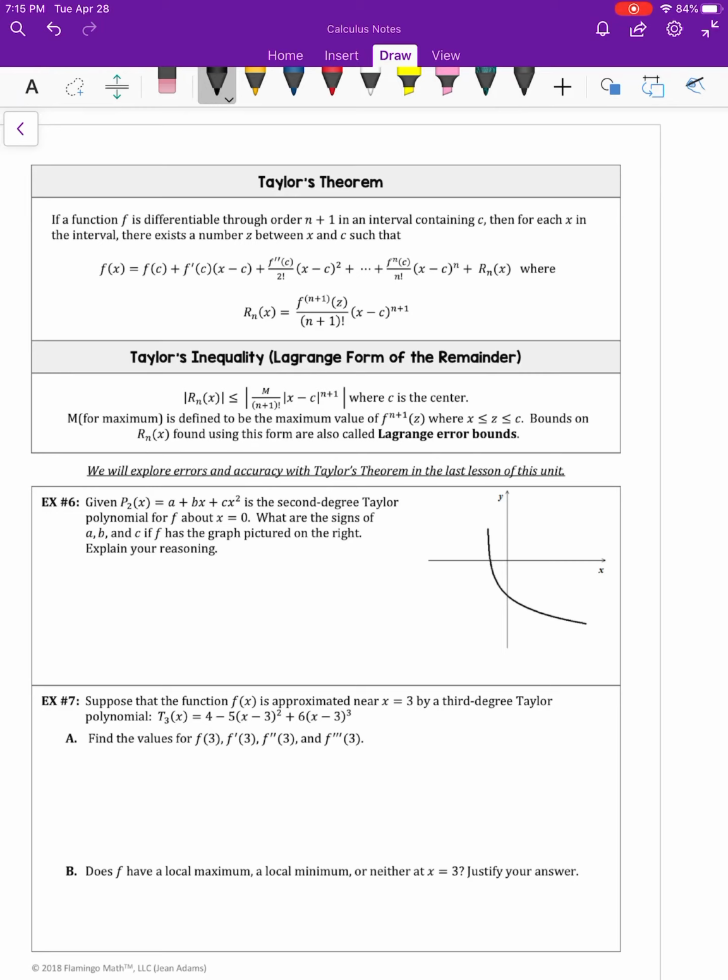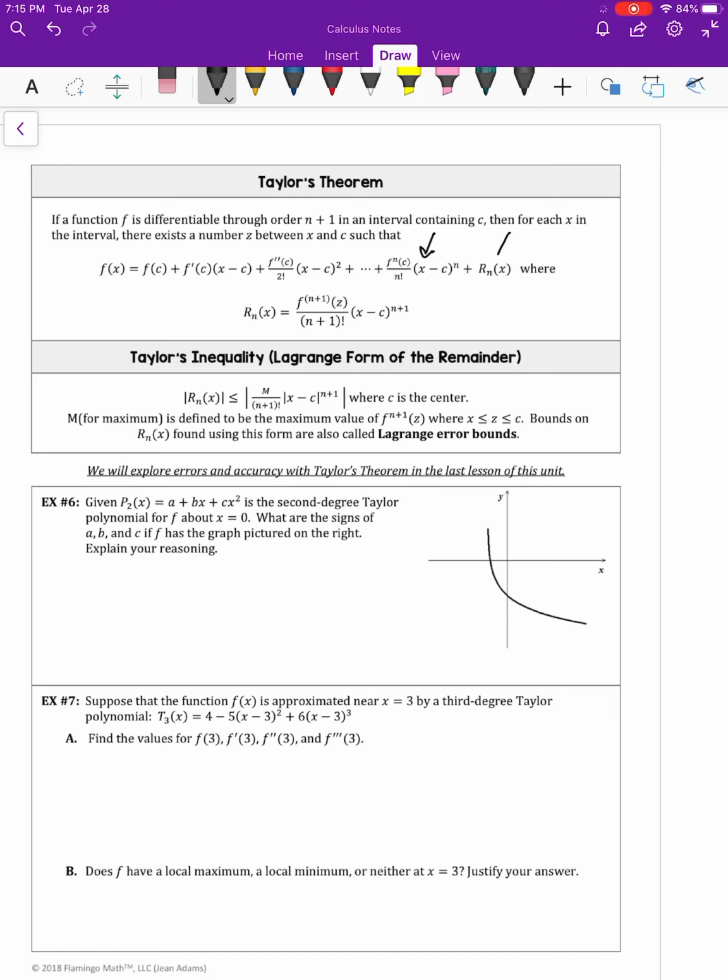So now, Taylor's theorem. If a function f is differentiable through order n plus 1 in an interval containing c, then for each x in the interval there exists a number z between x and c, such that f of x equals f of c plus f prime of c times x minus c plus f double prime of c divided by 2 factorial times x minus c squared, dot, dot, dot.